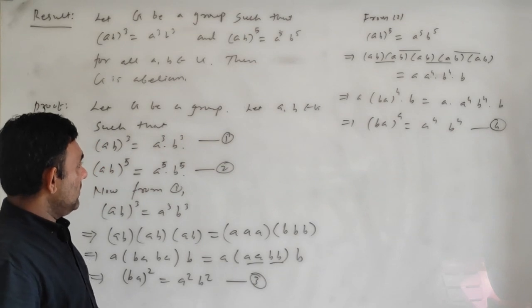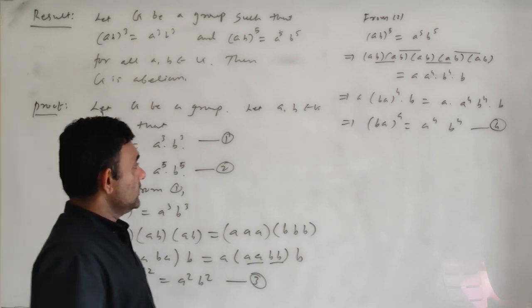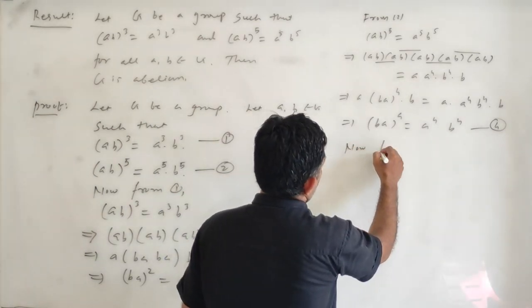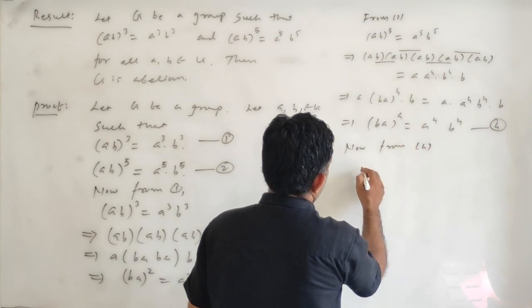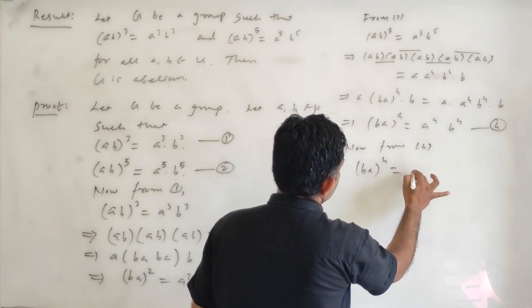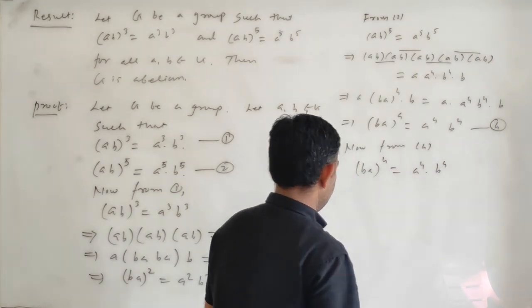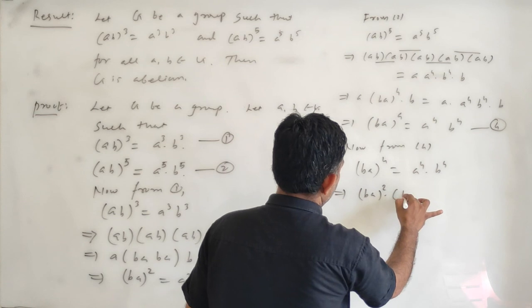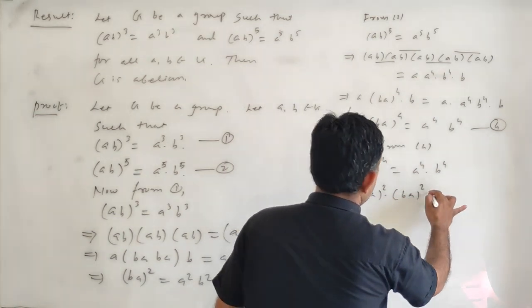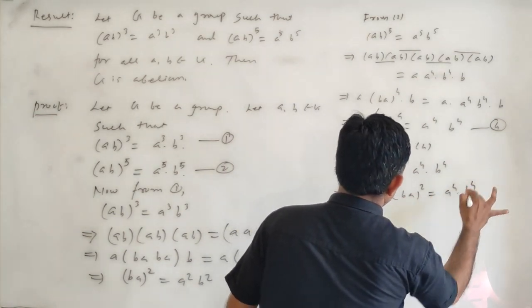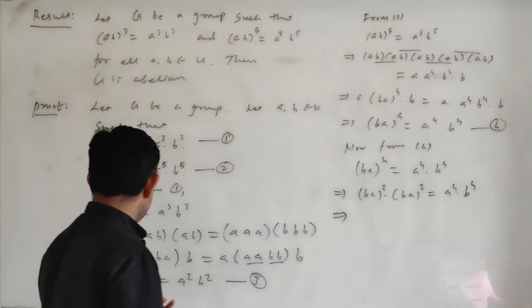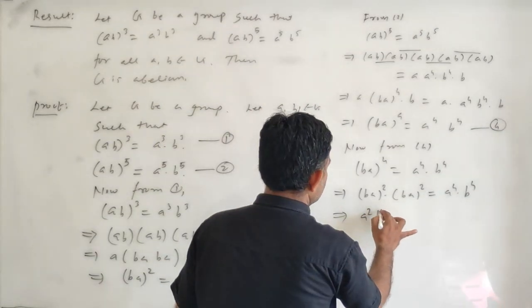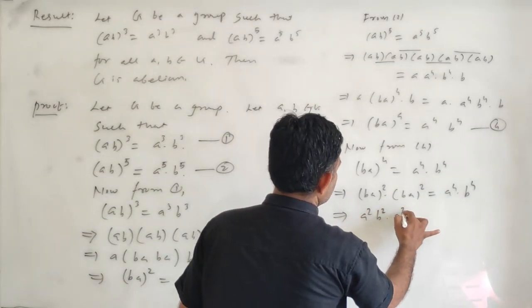Okay, so now from 4, what I have? (BA)^4 is equal to A^4 into B^4. So (BA)^4 can be written as (BA)^2 into (BA)^2, and this is A^4 into B^4. So (BA)^2 is A^2 B^2, so I can write here A^2 B^2, and (BA)^2 is again A^2 B^2.